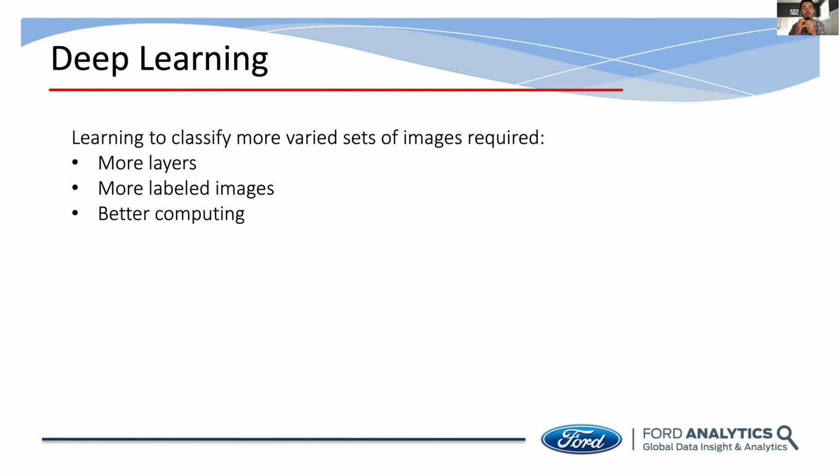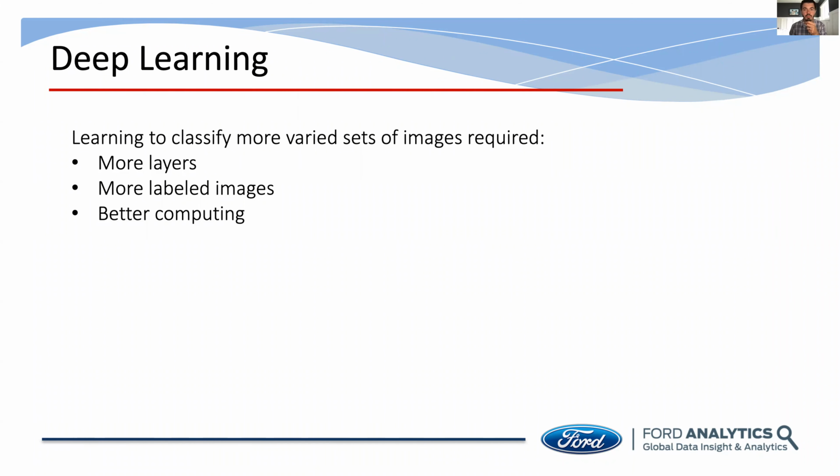But that also means a lot more parameters, and that means that you better have a lot of labeled images to learn from to avoid just overfitting. And that means a lot of images, a lot of weights to tune. That means that you need to have good computing power. And it doesn't take long, if you start scaling up the sizes of networks and the sizes of images and the number of images, to outgrow the gains that were made in computational speed in the 90s, which were significant.